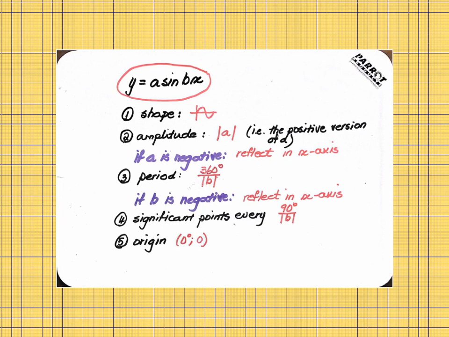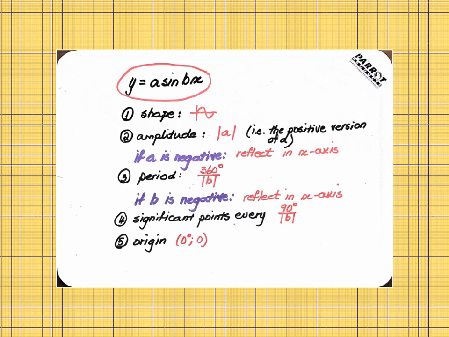The period is always 360, which is the period of the standard sine function, divided by the positive version of B, taken from there. If B is negative, you reflect it in the x-axis. You have significant points every 90 degrees, which is what it is with the standard sine function divided by the absolute value of B, and they go through the origin.